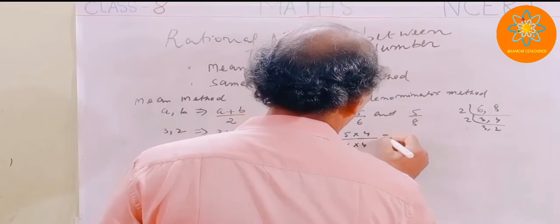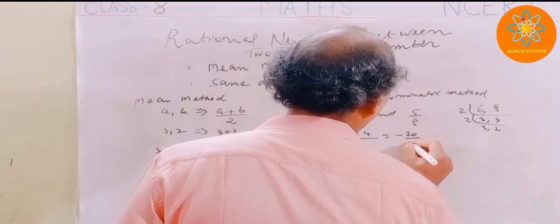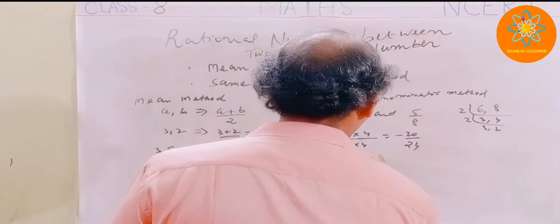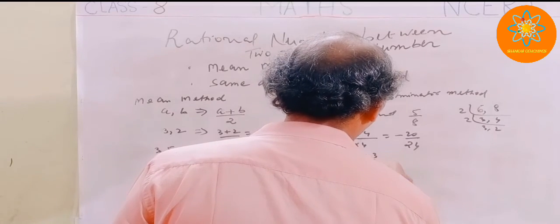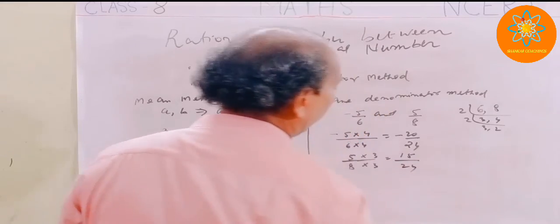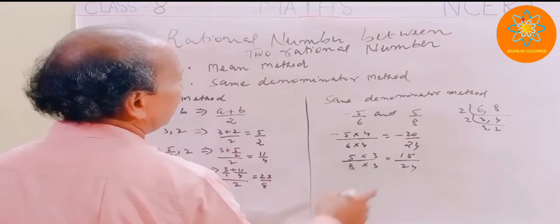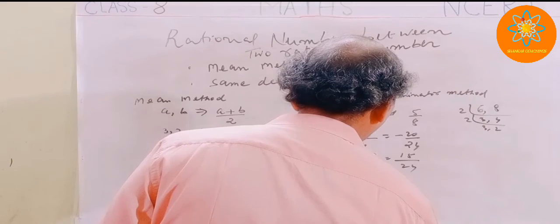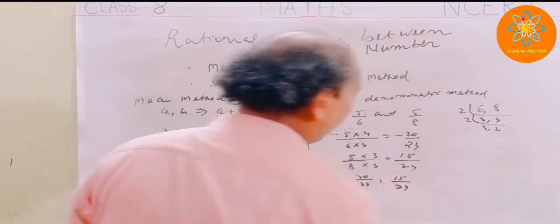Here multiply by 4, so this is minus 20 divided by 24. Similarly, for 5 by 8, multiply by 3, and you will get 15 divided by 24. So now the rational numbers are changed into minus 20 by 24 and 15 by 24.